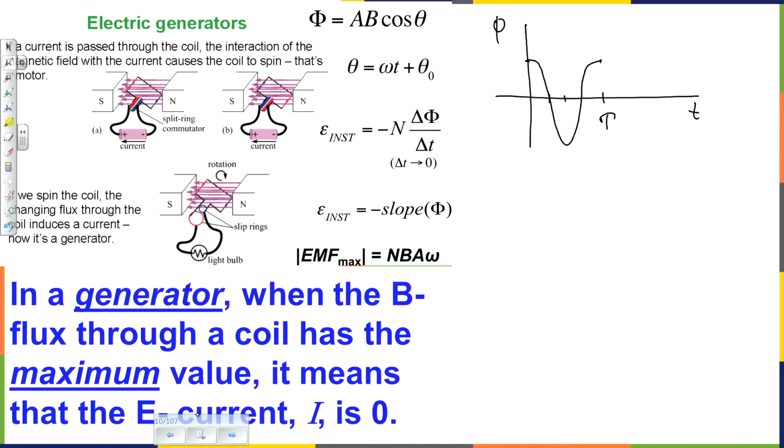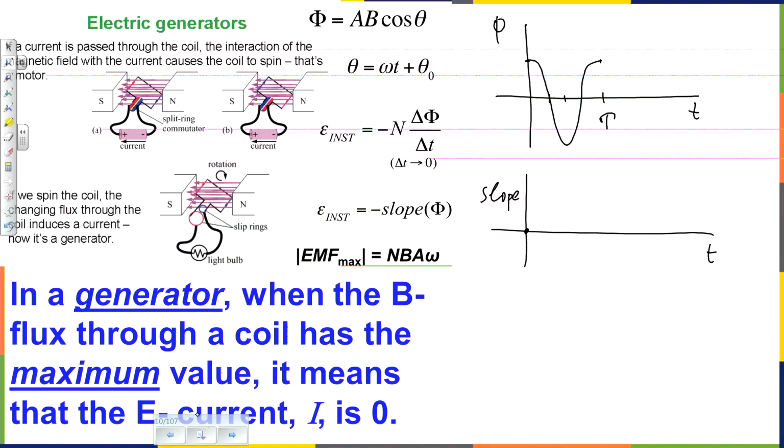Now, the first thing to do is to sketch a graph representing the behavior of the slope. Well, first, no slope. The flux starts horizontally, and then the slope is negative, so it goes into the region of negative numbers.